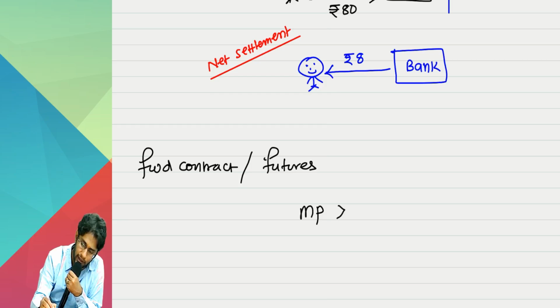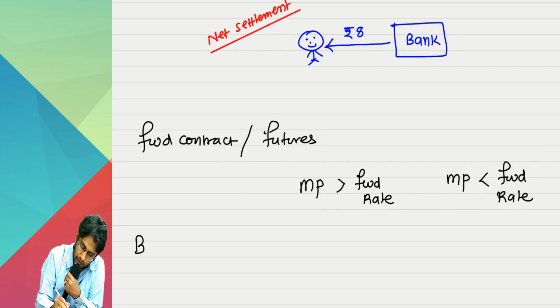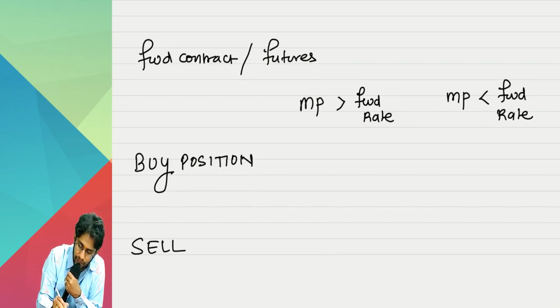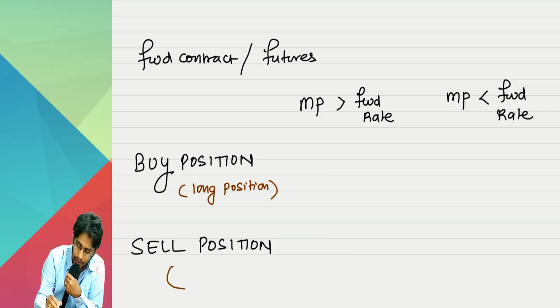If the ultimate market price is greater than your forward rate, or market price is less than your forward rate, then that fellow who has taken a buy position, and there is a fellow who would have taken a sell position. The person who took a buy position, we also refer to as a long position. The person who agreed to sell, we also call a short position.